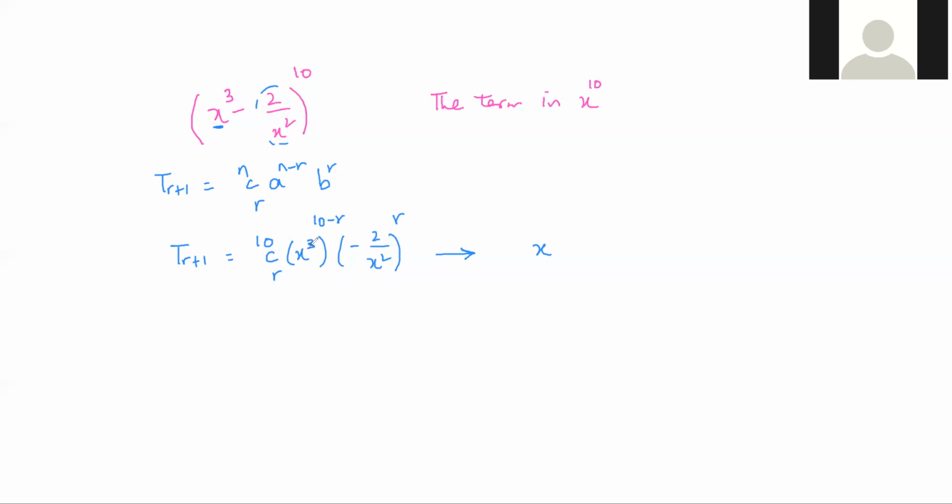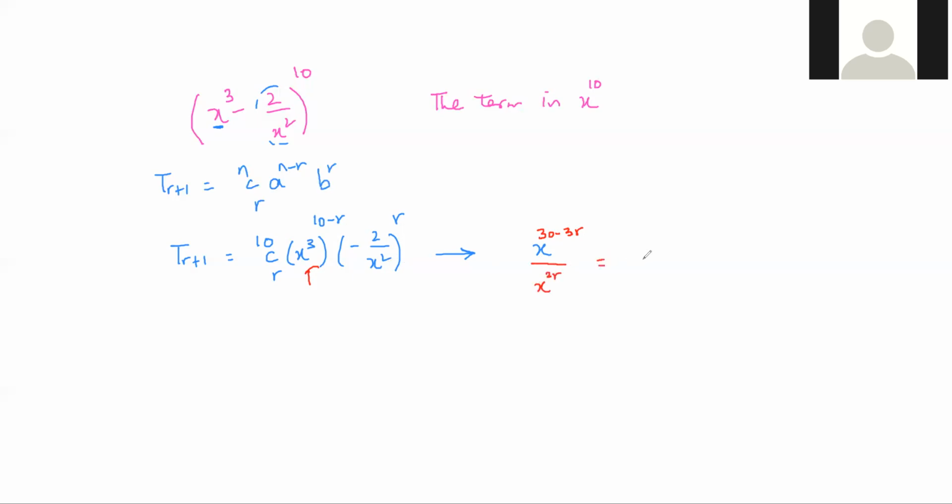First of all, this x cube has a power 10 minus R, so this is going to be 30 minus 3R. Then this is x to the power 2R. Let me write it like this: x raised to power 2R.